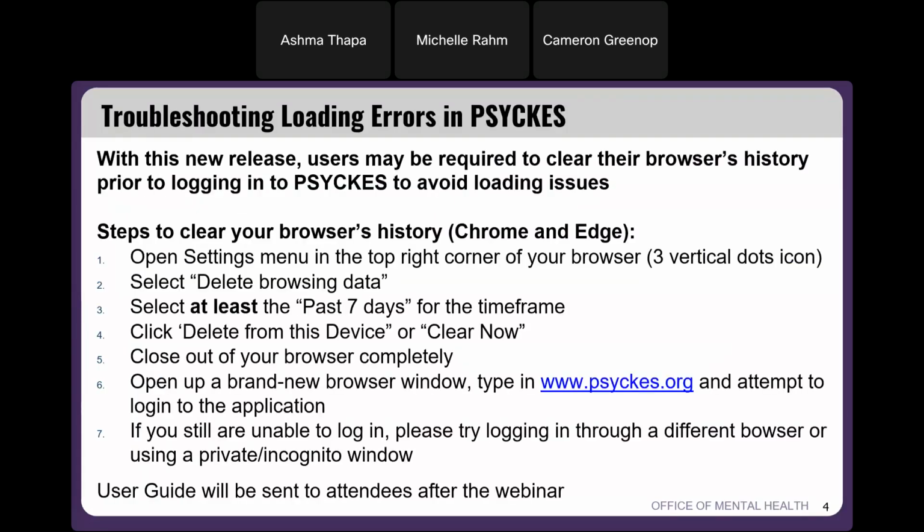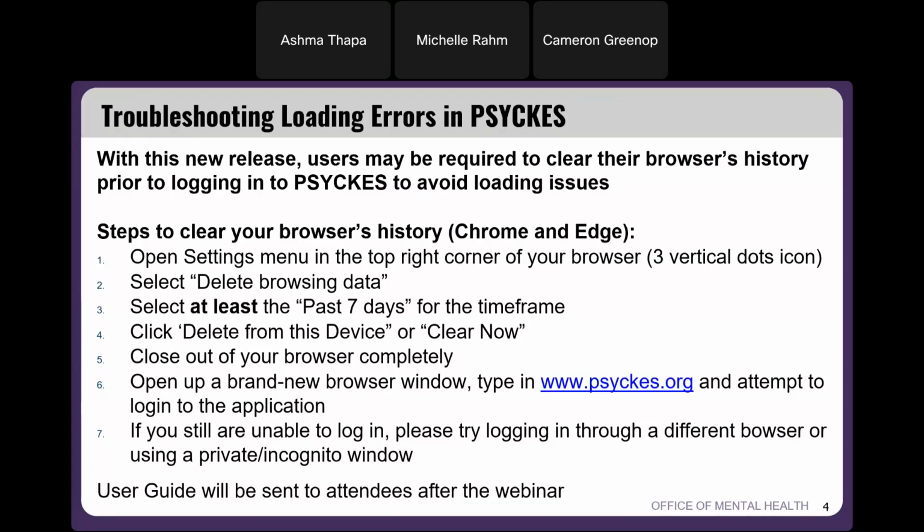Now, before I get into the PSYCKES overview, I did want to mention with our latest release, if you do experience loading issues trying to log into PSYCKES, we recommend you clear your browser's history and then try logging in again. So here's just some steps to clear your history in both Chrome and Edge.